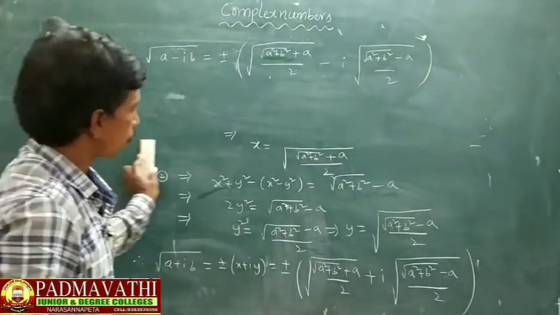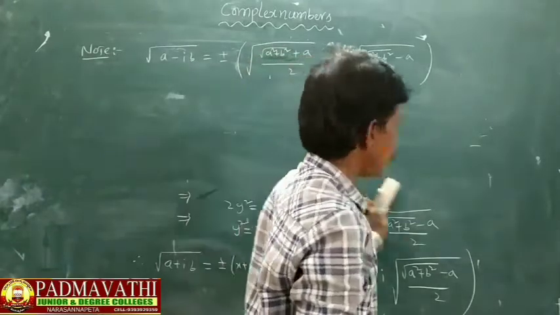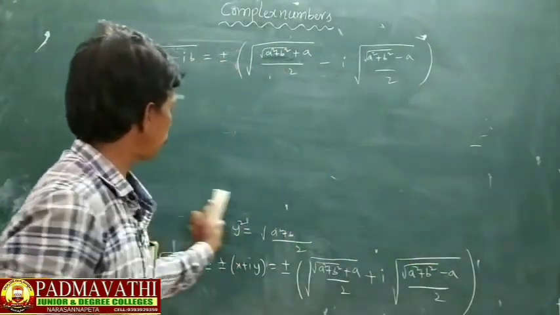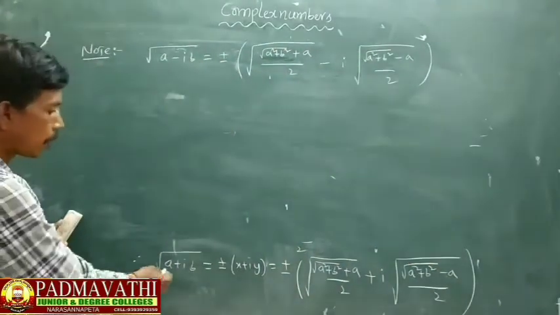In a similar way, that is the proof of the square root of the complex number a plus ib.